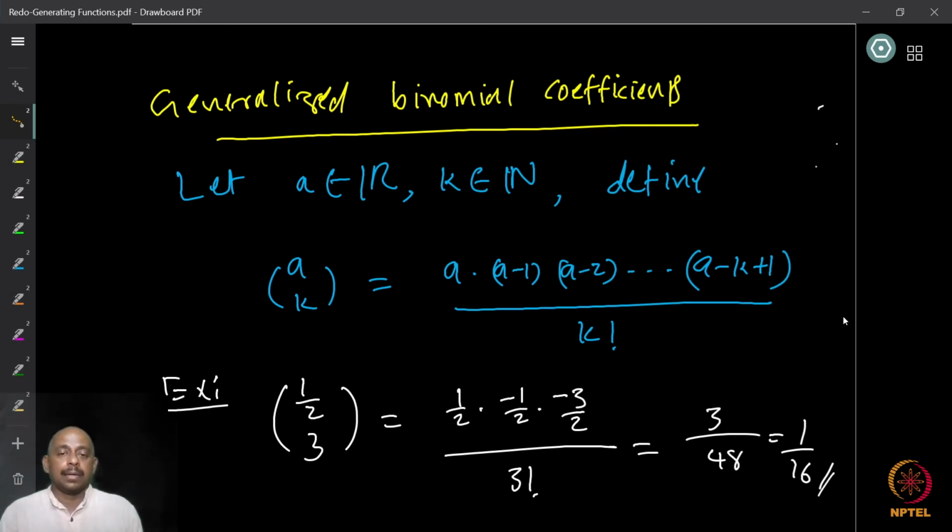We have this expression for the binomial coefficient 1 over 2 choose 3. This could be useful, as we will see later.